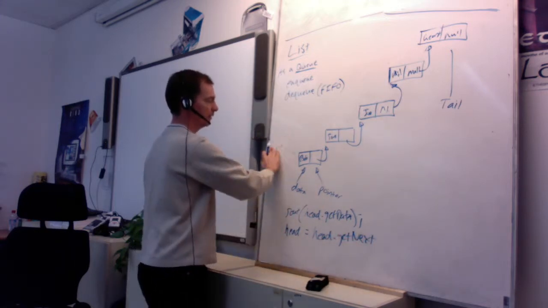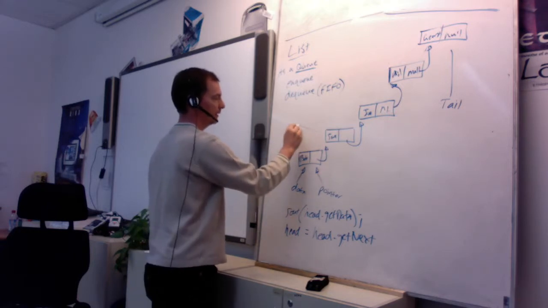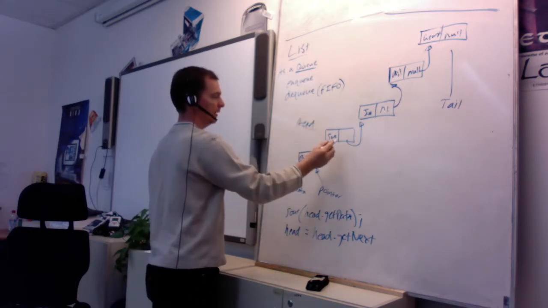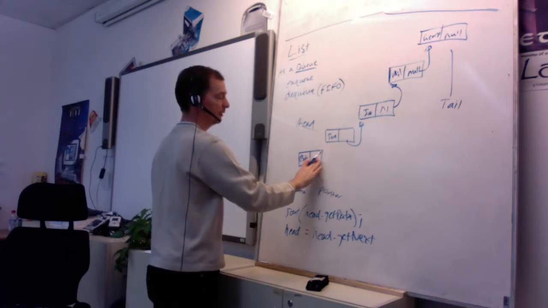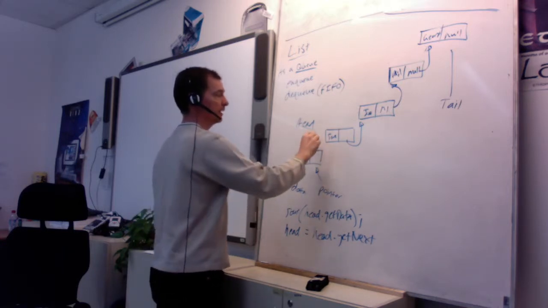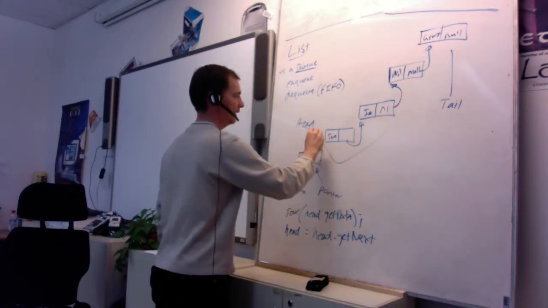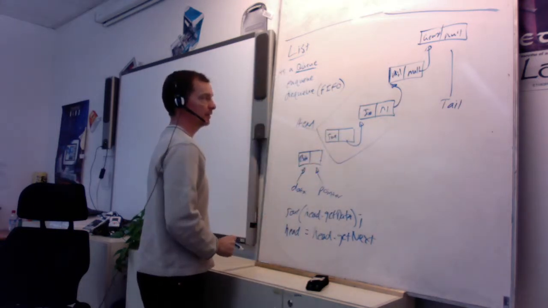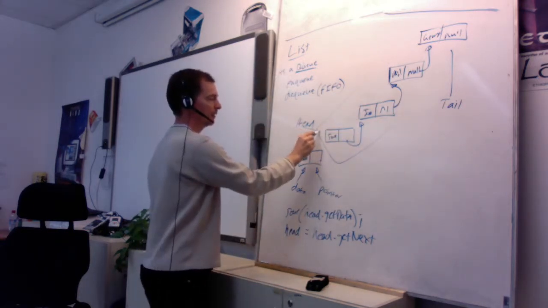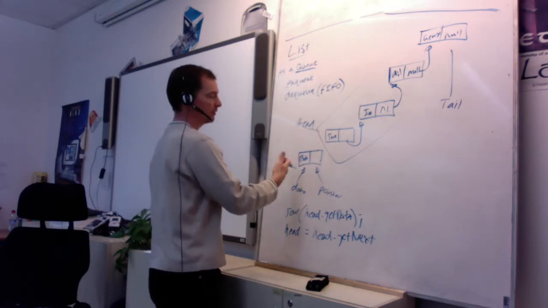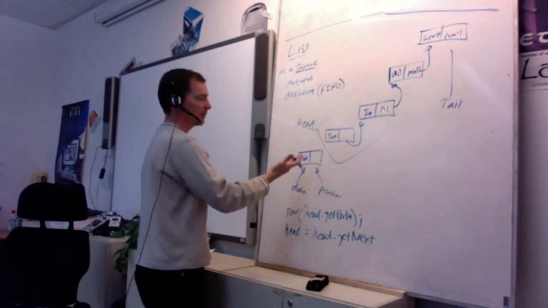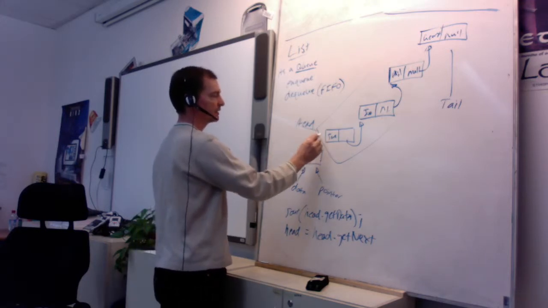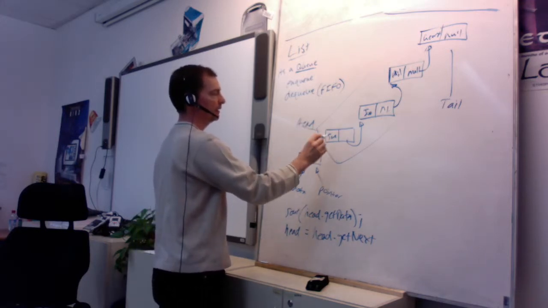So the head is no longer this, the head is that. And so effectively, the list is now there. The queue now starts with Sue. Now, this is still in memory, there's still Bob, but we can't access it anymore via the list because it's not part of the list anymore, because we only access the list from the head.